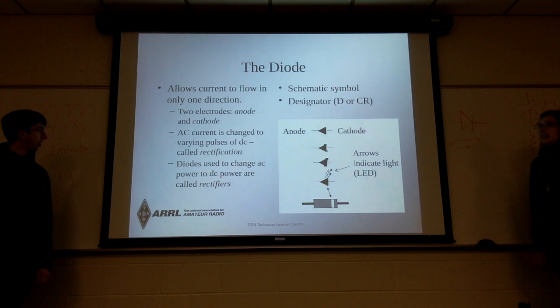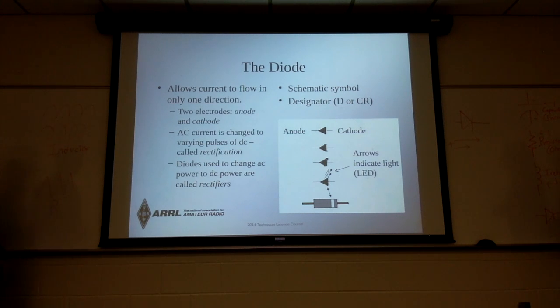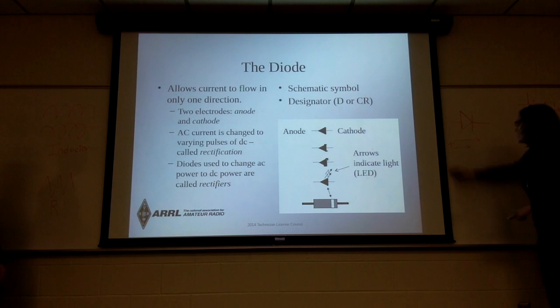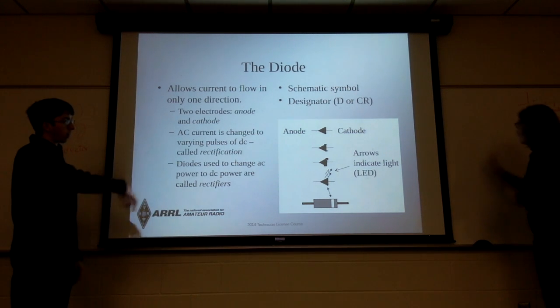So what do we use diodes for? Well, we use them a lot to convert alternating current to direct current. And essentially we do that because current's only going to flow one way through the diode. So if you have alternating current, essentially we're going to have a sine wave.